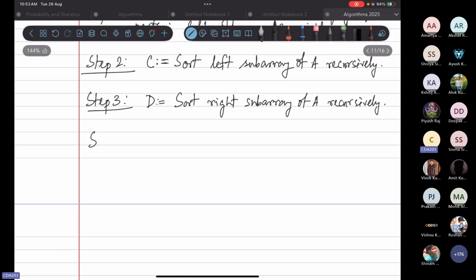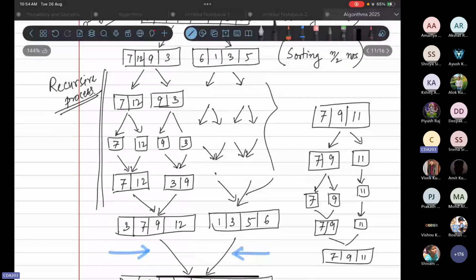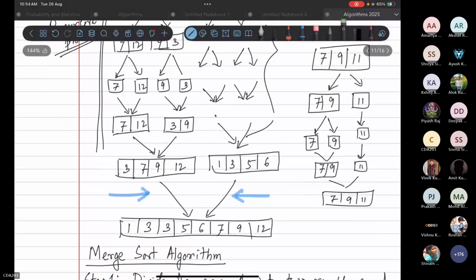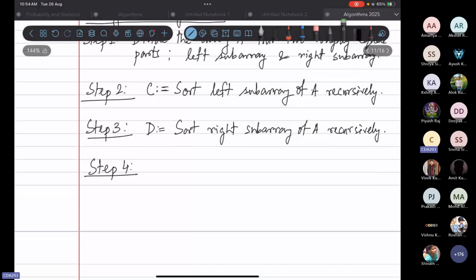And this fourth step, so what have I done so far? We are at this point. I know the sorted order of the left subarray and I know the sorted order of the right subarray. Right? So let me just write it and then I'll explain it to you.